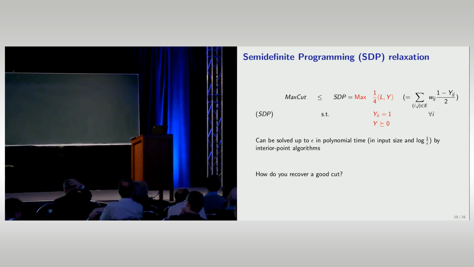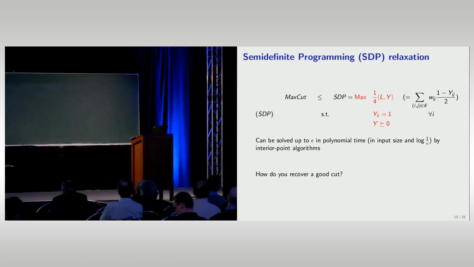This seems to some extent harder, but it's much easier than computing the maximum cut. So you can compute this up to epsilon in polynomial time. Even for a graph with 1,000, 10,000, whatever, you can compute this value at least approximately in polynomial time.